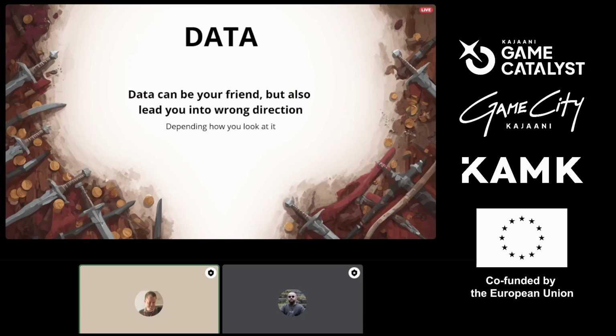As an example, if you're not that experienced in looking at data and trying to understand what the most important numbers are for you, you may be focusing on the wrong things, because you only try to use that data to convince yourself into making that game, but it's not actually taking into account the reality of how games sell.